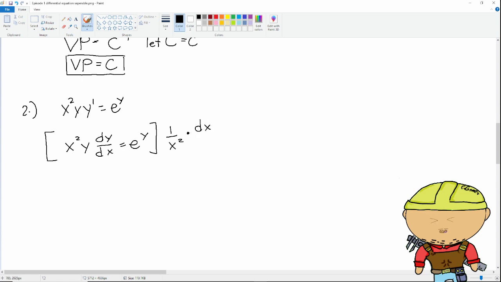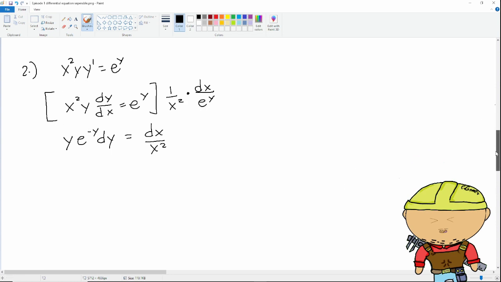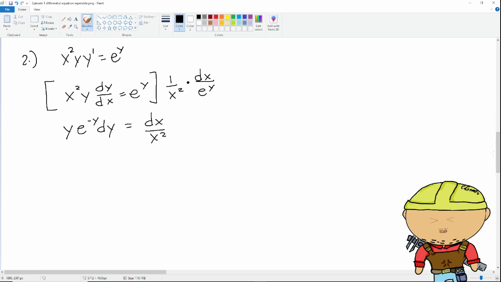Multiply by dx and divide by e raised to y. Doing that, we have y e raised to negative y dy is equal to dx over x squared. We have two different terms now, one of y and one of x squared, or x raised to negative 2.